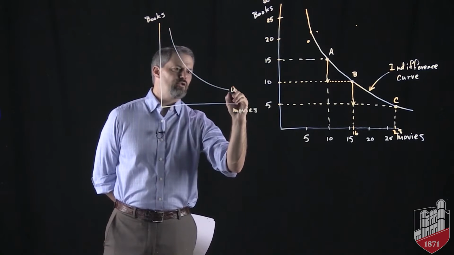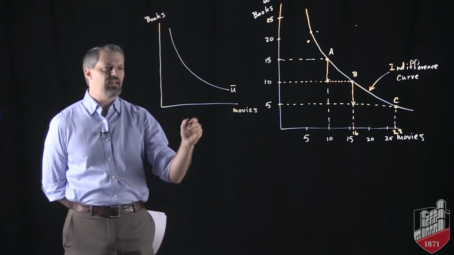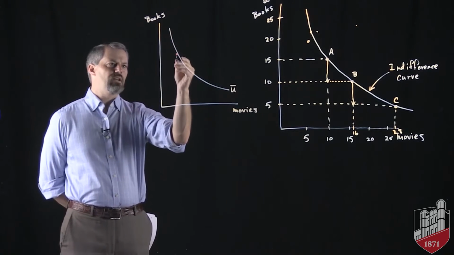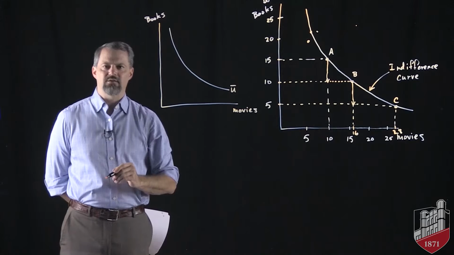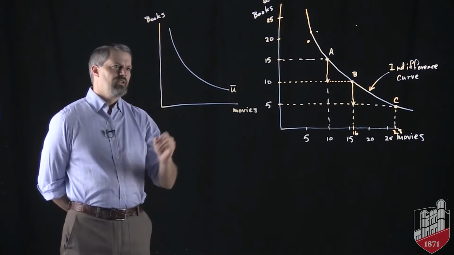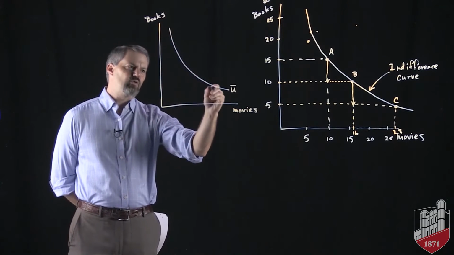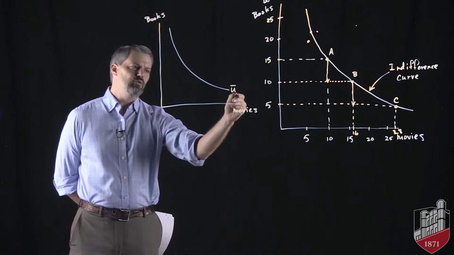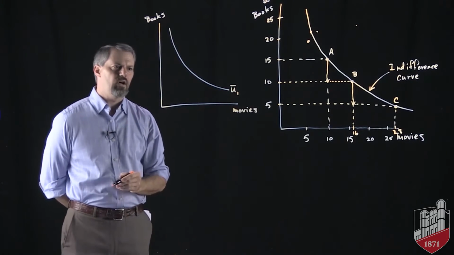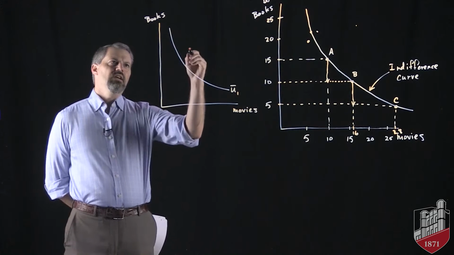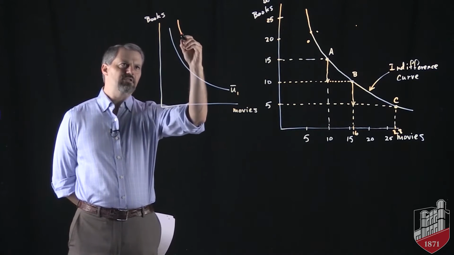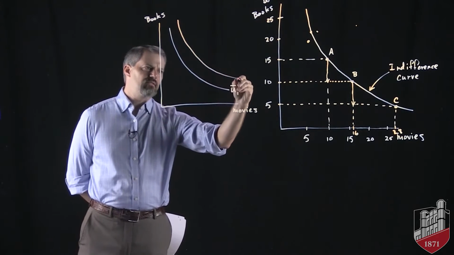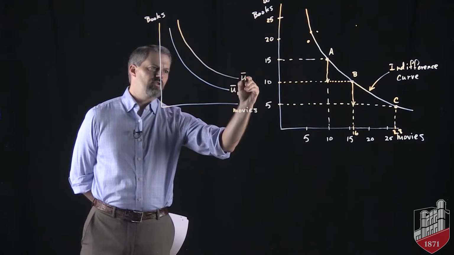I'm going to call this U bar because this is a curve that represents bundles that all give us the same amount of utility. So this indifference curve represents bundles that give us U bar utility. Let's call it U bar 1. If we were to think about an indifference curve that's to the northeast of that, call it U bar 2.